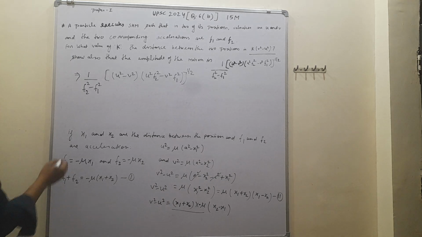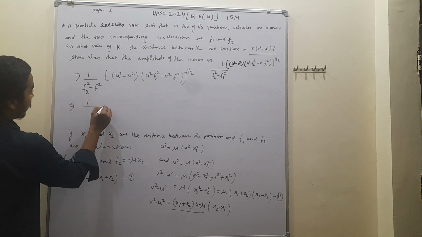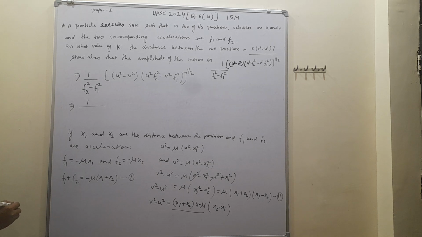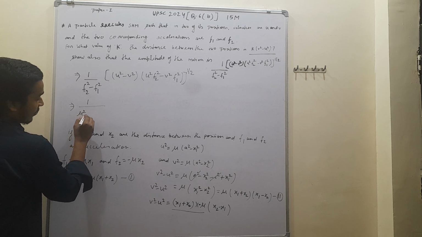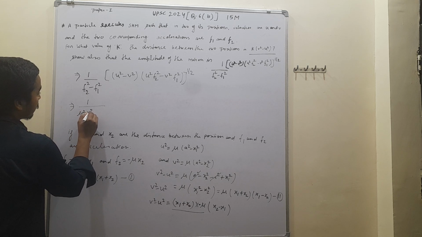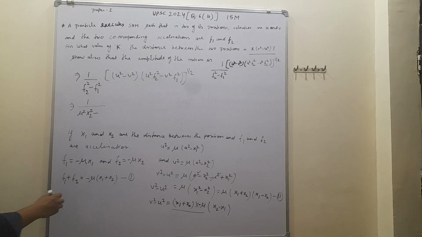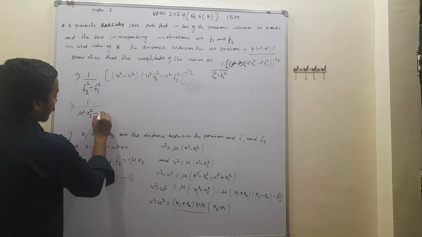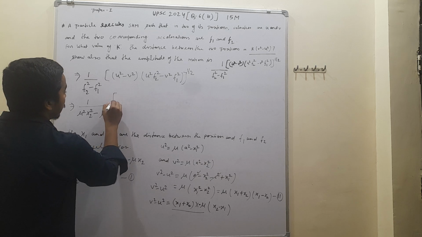Here putting the value, f2 is given by minus mu x2, that is mu square x2 square, and f1 is given by minus mu x1, it is mu square x1 square.